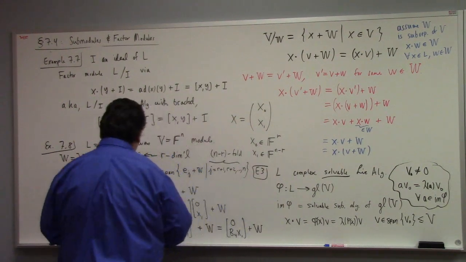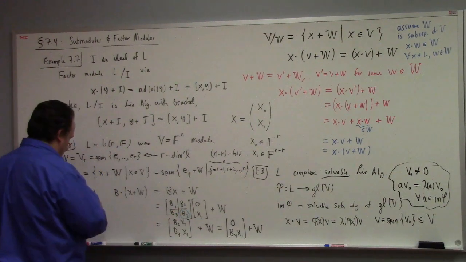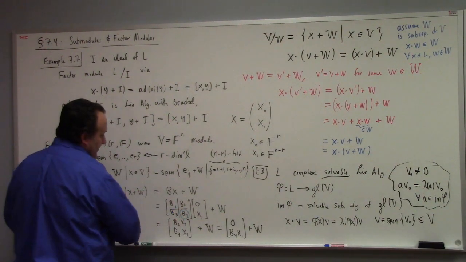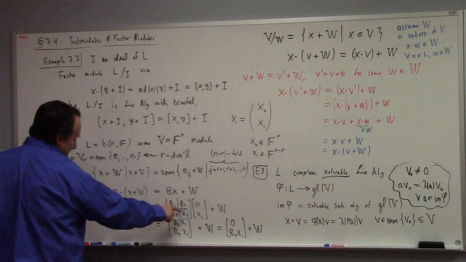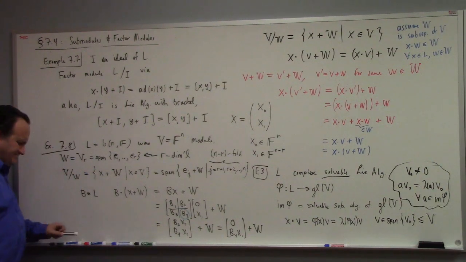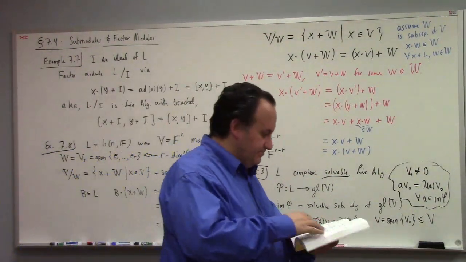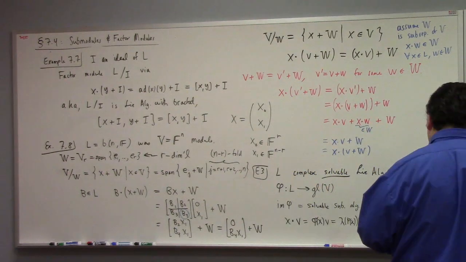So in the final analysis, only the lower right n minus r by n minus r block of B is what matters to the induced action of the upper triangular matrices on the quotient module. And that is what he says in the book, in a different notation.